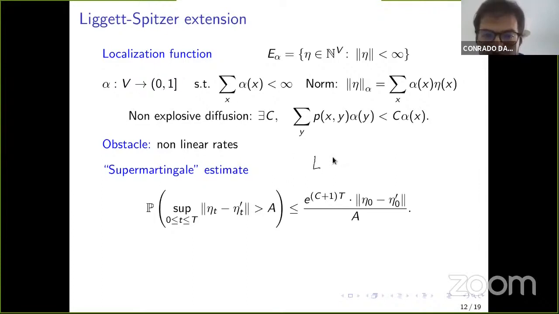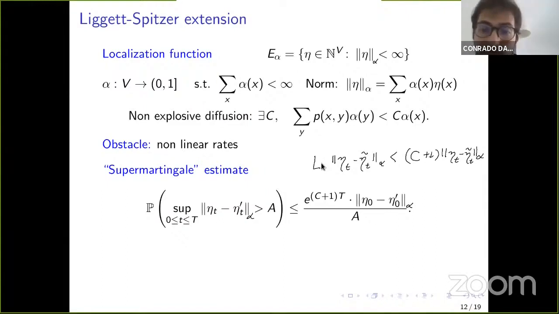Basically, what we're going to show is that the distance between two processes that we have coupled, the infinitesimal evolution, is bounded by c plus 1 times the initial norm at the time. So this is the alpha norm. I always forget to say, because there are many norms, let me put here: whenever there is a norm, it is an alpha norm.